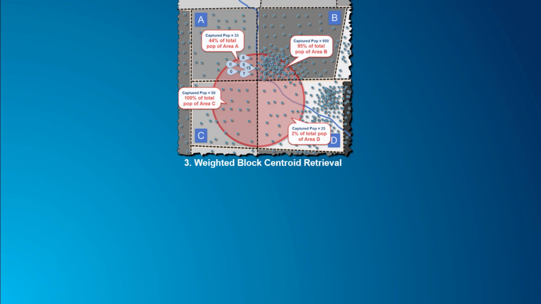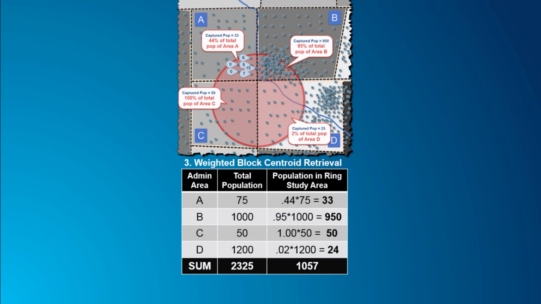So the key here is that we're intersecting individual block groups or individual census blocks within these block groups, summarizing those and then applying a weight to the block group. In this way, we can get a much more accurate estimate than a simple retrieval or geometric apportionment, where we would just summarize the area of that block group. When we can summarize the individual census blocks and then apply a weighted total to the block group, we get a much more accurate estimate here.